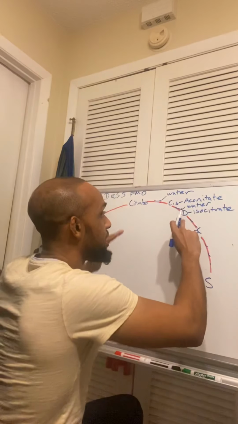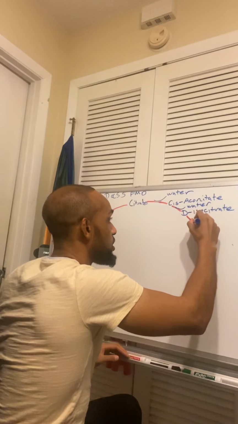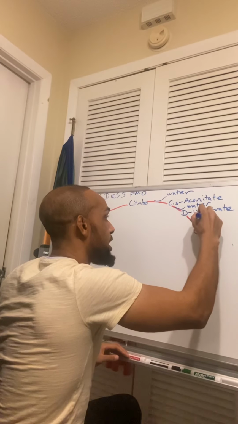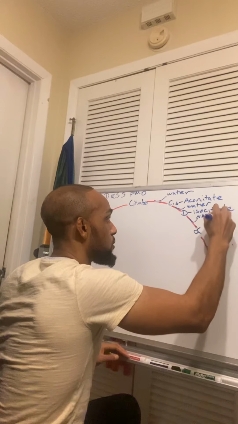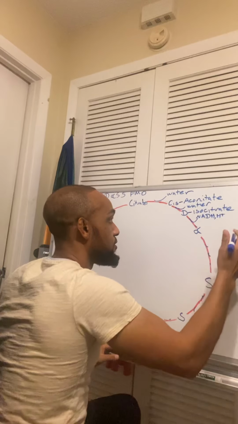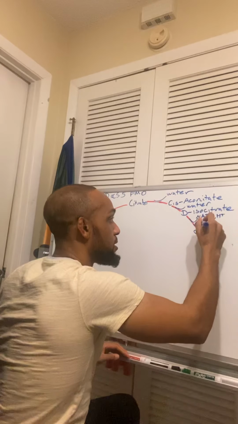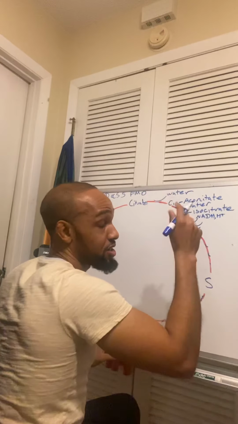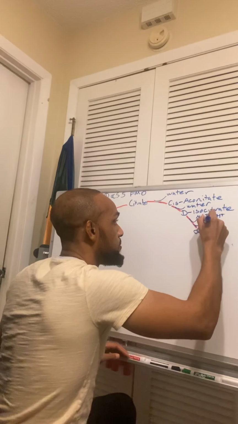So after isocitrate is formed, we're going to yield off our first NADH, or NADH plus. And we're also going to break off our first carbon to form carbon dioxide.